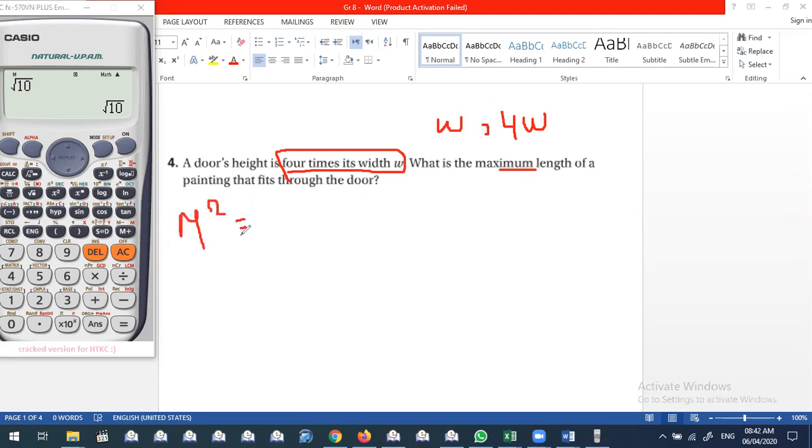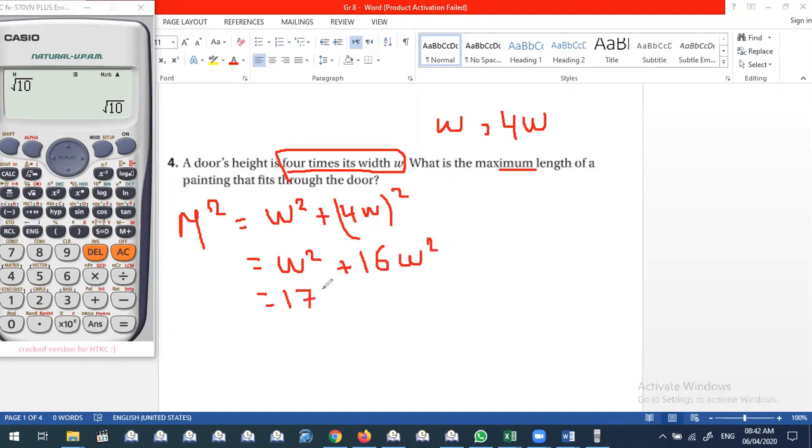So m squared equals w power 2 plus 4w all to the power of 2. w power 2 is w power 2, plus 4 power 2 is 16w to the power of 2. w power 2 plus 16w power 2 is 17w power 2.